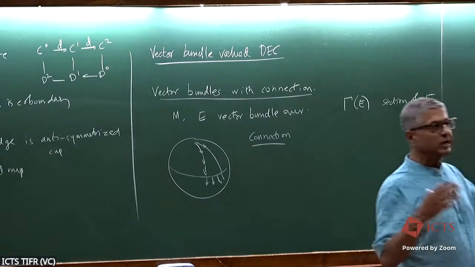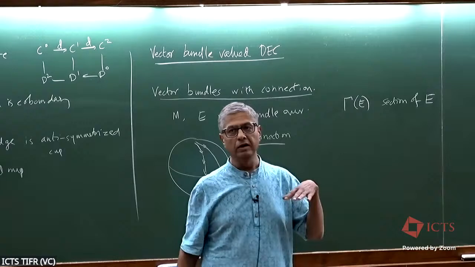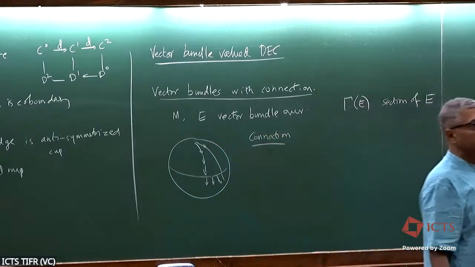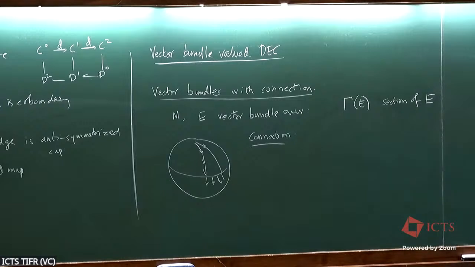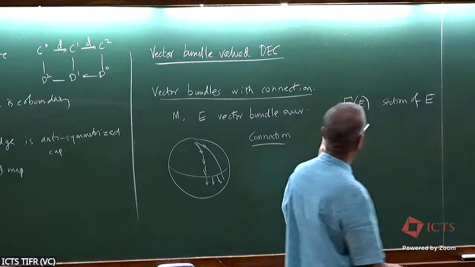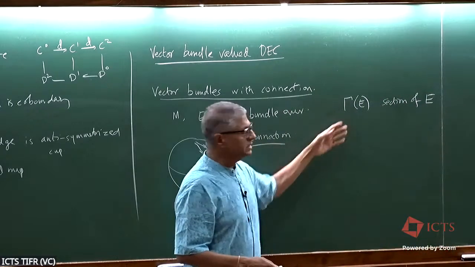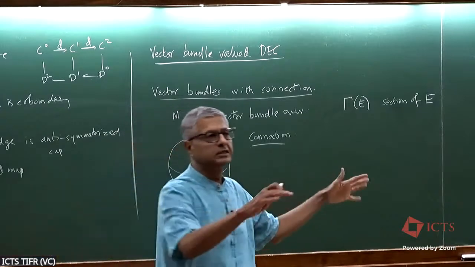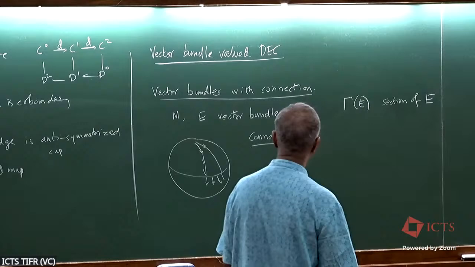The tangent bundle is an example of a vector bundle where the vector space is the tangent space of the manifold, and taking a section of the tangent bundle is picking a vector field. So similarly, the picture to have in mind is that the objects here are things which you get by picking one vector in each spot from E.